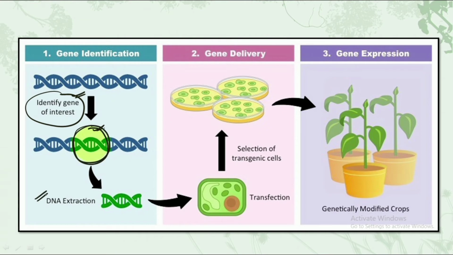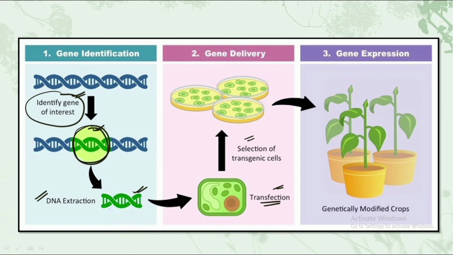The second step is the DNA extraction, and after that we will try to insert this DNA into our host. There occurs the process of transfection. Here we are using transfection, but we can use any other method depending upon our host and the mechanism we are using for the process. After the transfection method, there occurs the selection of the transgenic cells.